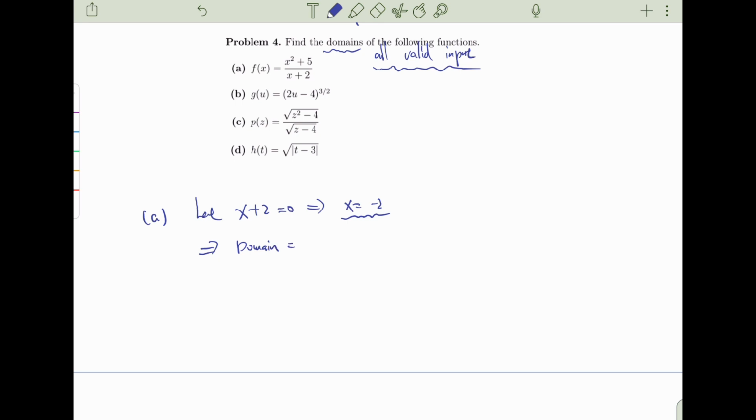So the domain is equal to x belongs to R, where x is not equal to -2. Or you can write this in the interval notation, that is from -infinity to -2.